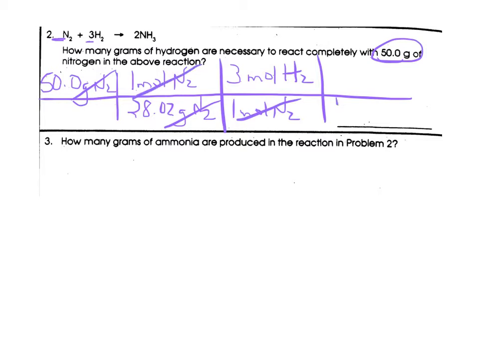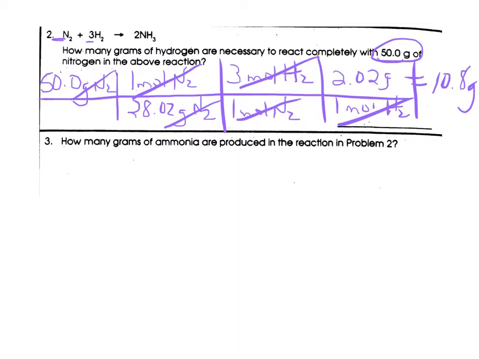And to go to grams, we're going to go from moles to grams again using the molar mass of hydrogen, which is 2.02. So these are a lot easier mathematically as well. So then moles of H2 cancel, and you are left with grams of H2, which in this case will be 10.8. So since the 50 and the 2.02 both have 3, you're limited to 3.